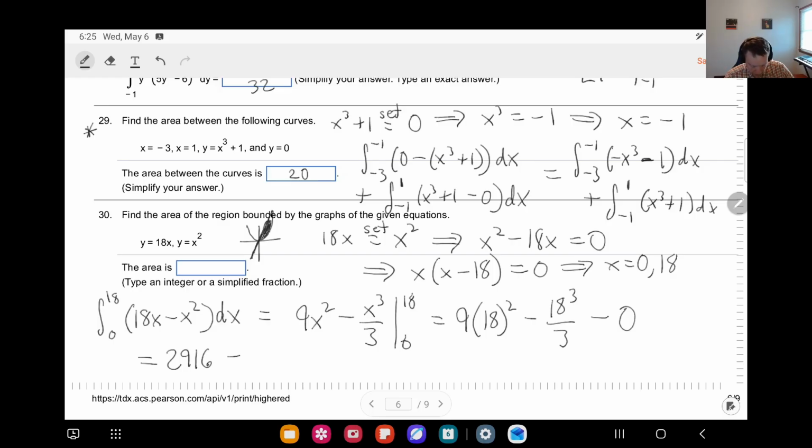Now, is that divisible by 3? Yes, great. So 18 cubed divided by 3 is a nice clean number, 1944. So now we subtract those, so 2,916 minus 1944, 972. And yes, that is the answer in the answer key.